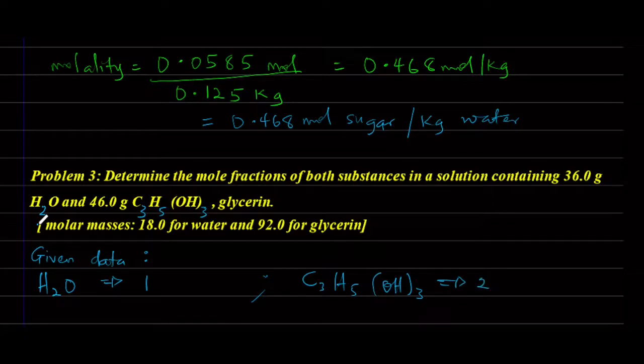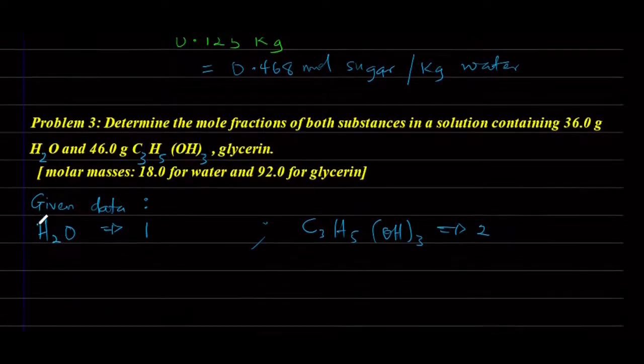So anywhere we see 1, it represents water. We see 2, which represents glycerin. But in chemistry, as we proceed in solutions, solute is always expressed as 2, while solvent is expressed as 1.